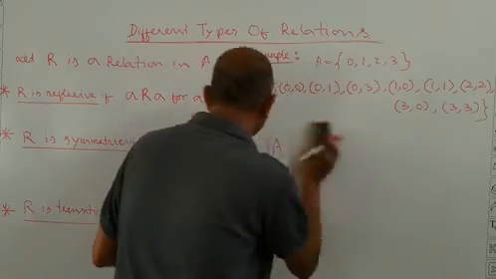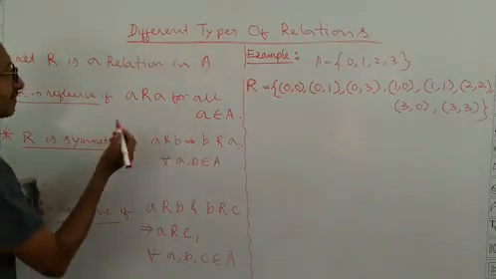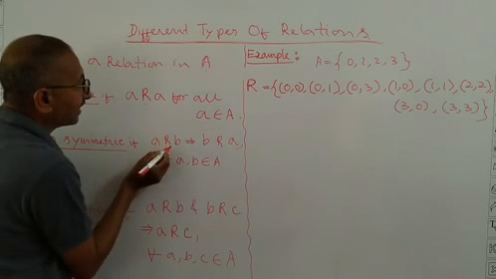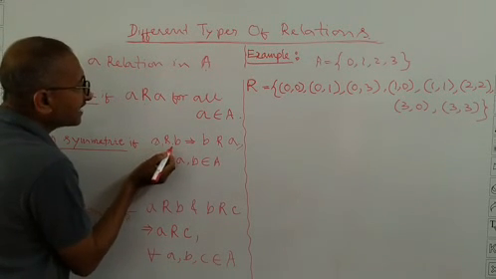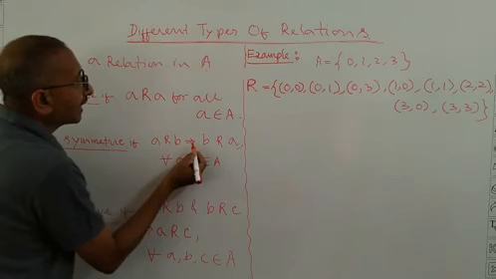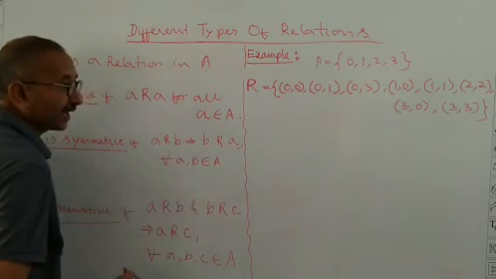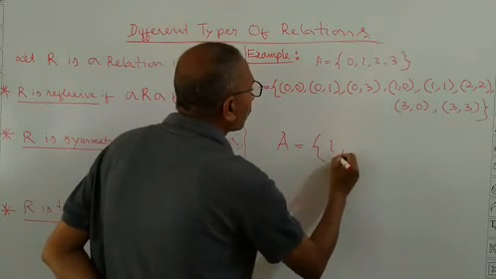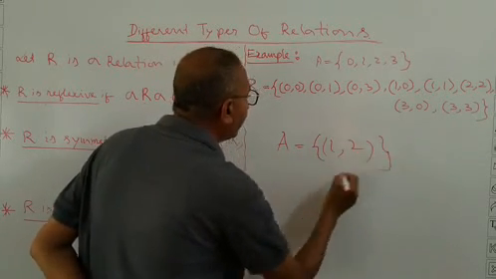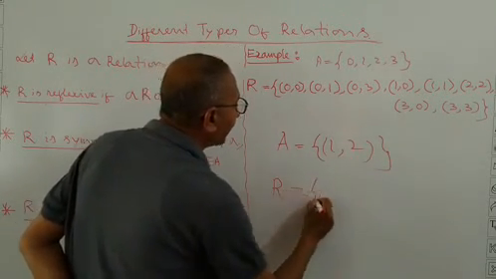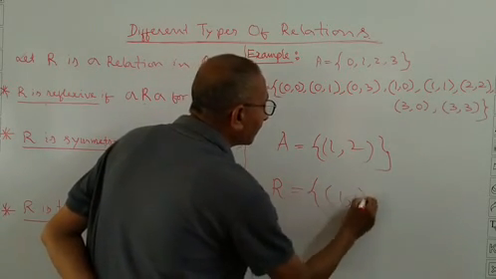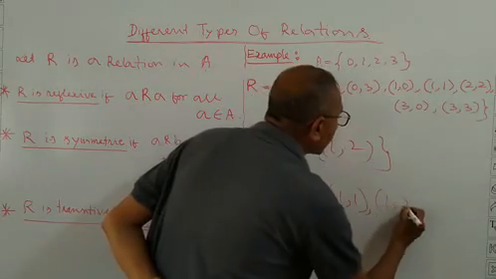Now come to symmetric relation. If you go through your textbook, you can understand very easily. If A is related to B, it implies B is related to A. Now if I write a set A as 1, 2, I will write a relation in this way, say 1, 1 and 1, 2.